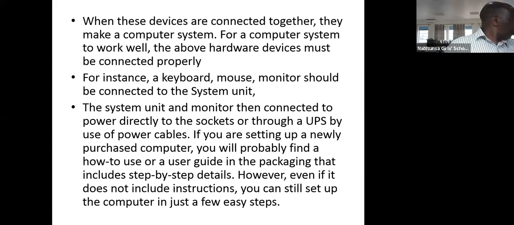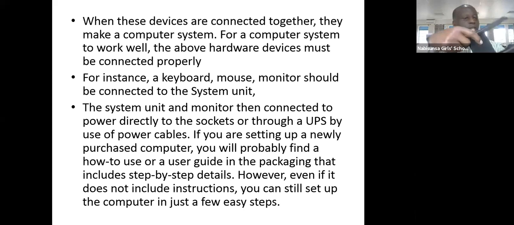What we didn't do here was to connect the monitor to the central processing unit. The same way we connected this cable to the system unit is the same way we connect this one here at the back.